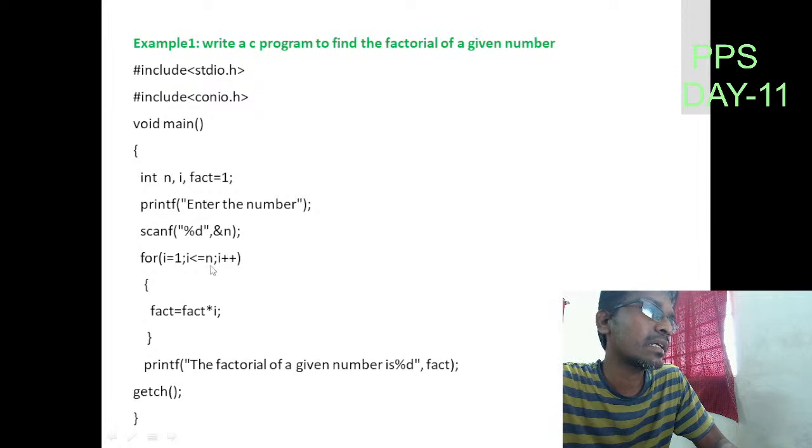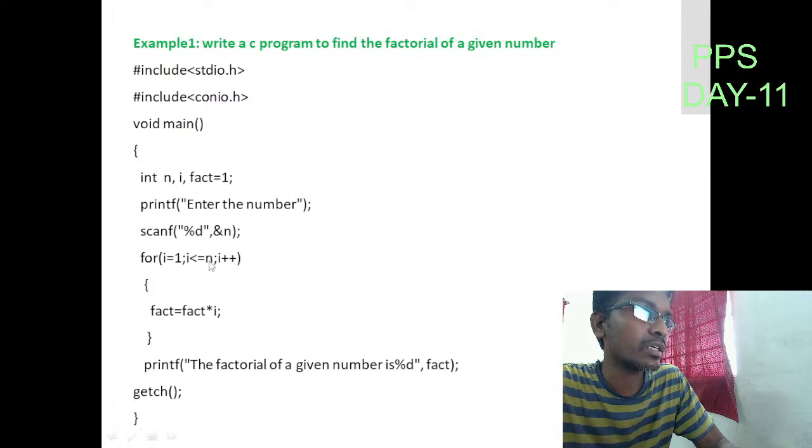Again the i value is incremented by 1, that is 3, and 3 less than or equal to 5 is satisfied, so it enters the block. Fact equal to fact into i, the previous factorial is 2, so 2 into 3, then I get 6. Again i is incremented by 1, that is 4.